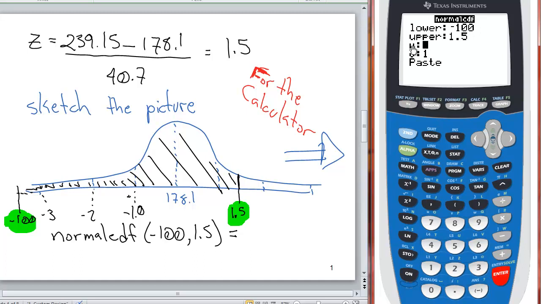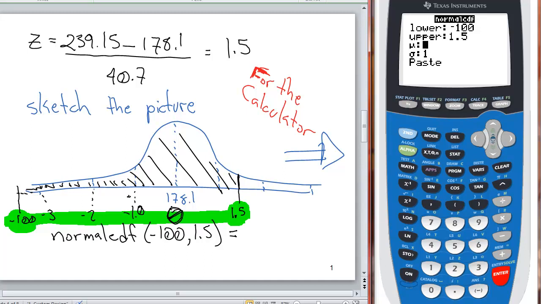And now the mu and the sigma, okay, this is what messes students up. All right, this is in terms of z-scores. Okay, this is in terms of z-scores is what we're doing. And what is the z-score in the middle? The z-score in the middle, the mu is 0.